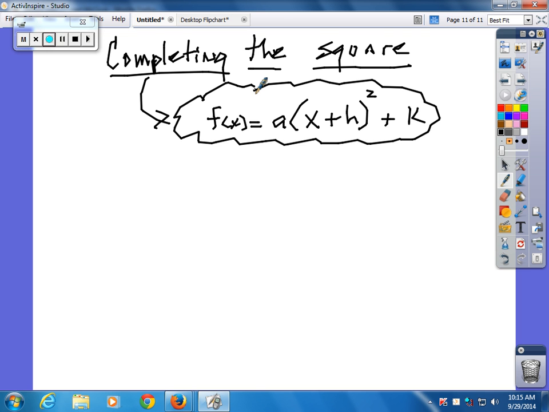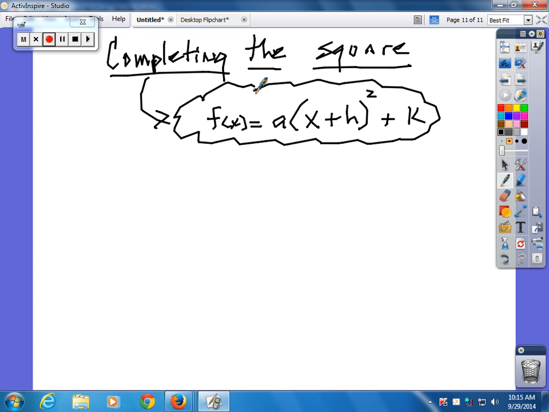Then you use the quadratic formula all you want to, because it would be very difficult to do completing the square with a decimal. You could, but that's the only type of problem where completing the square is not the easiest. Completing the square uses basic math, and that's why people like it.